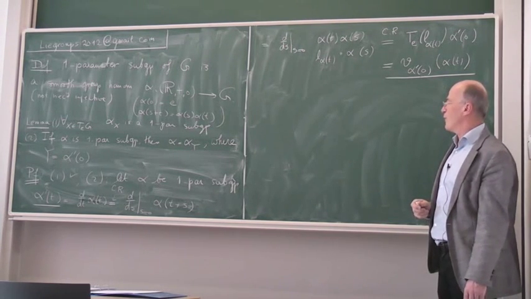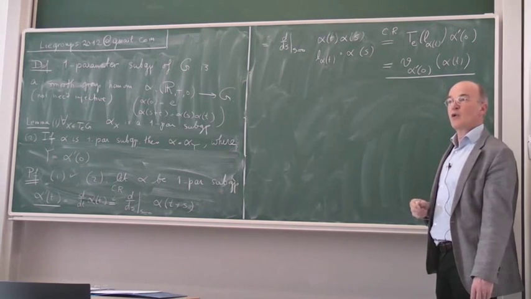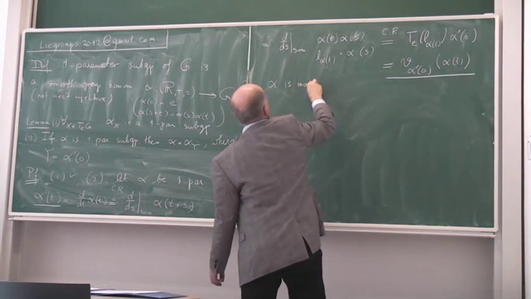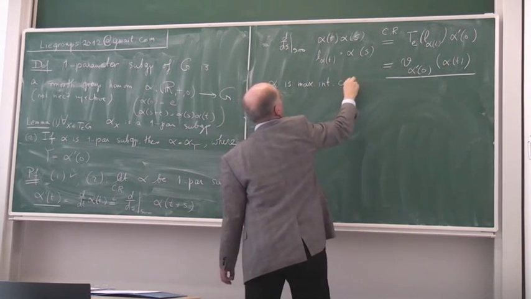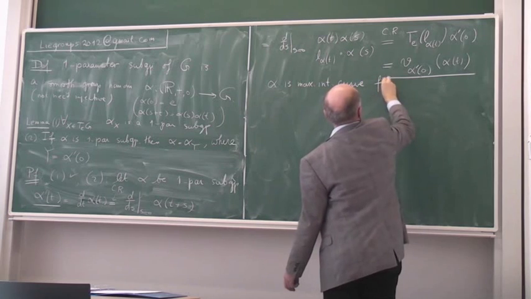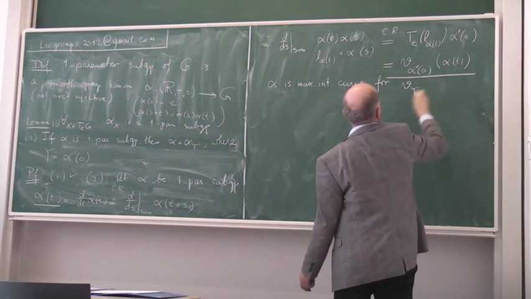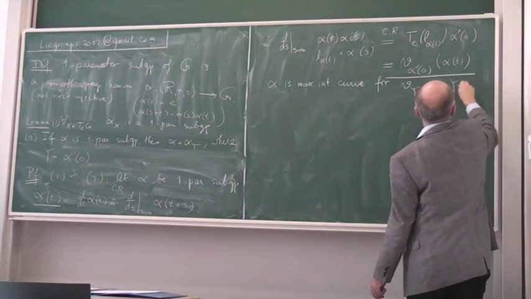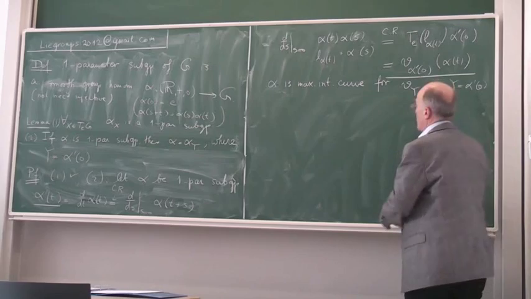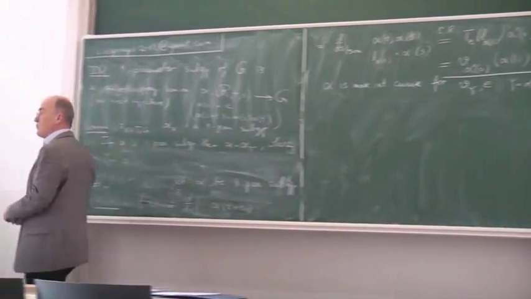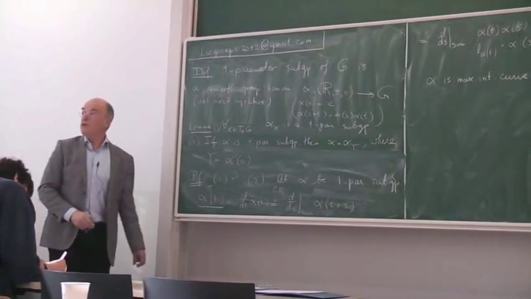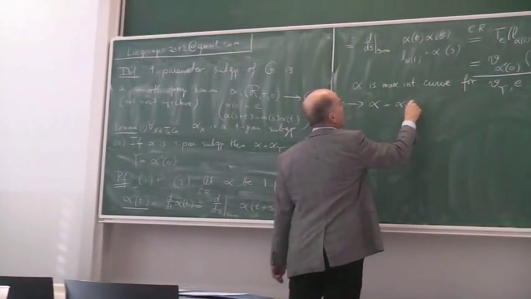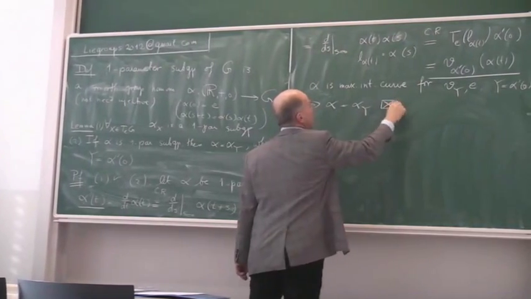And alpha of 0 is the identity element. So alpha is the maximal integral curve for v sub y with initial point the identity element, with y equal to the tangent vector at 0. Now the maximal integral curve is unique, and we denoted it by alpha y. So this implies that alpha is alpha y. End of proof.